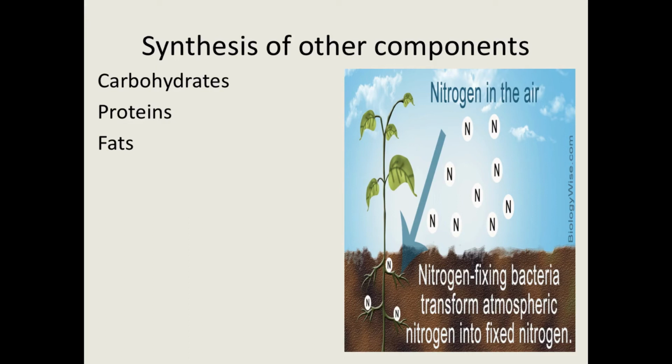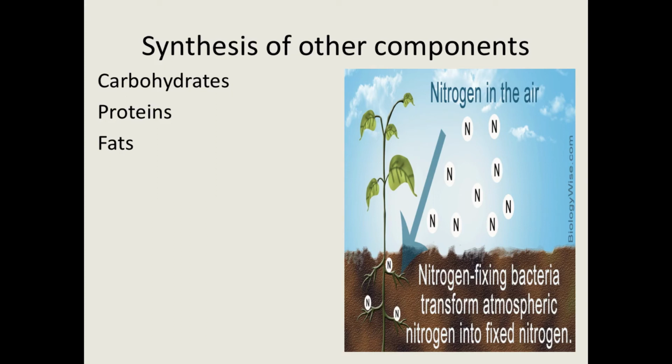The carbohydrate produced by the plant during photosynthesis can later be converted into fats. As you know, carbohydrates and fats are made up of carbon, hydrogen and oxygen, with a variation in the number of carbon, hydrogen and oxygen atoms. But what about protein?